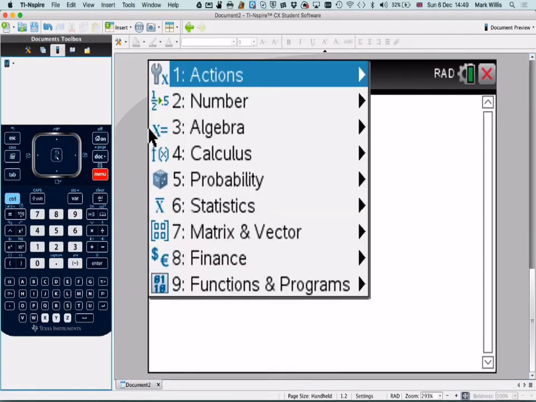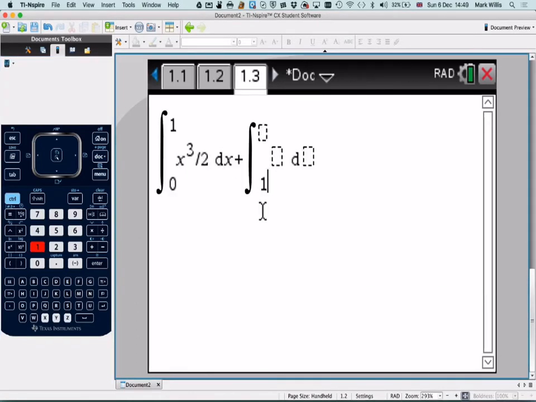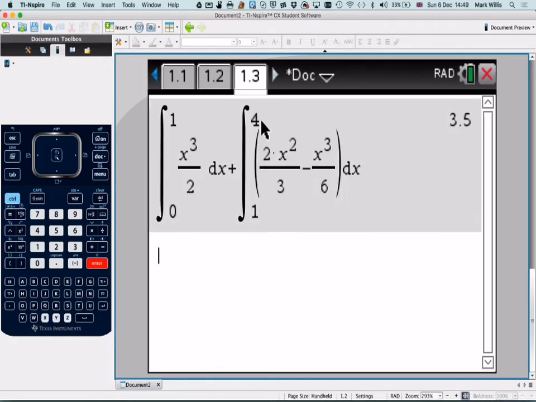So menu, calculus, numerical integral, and again from 1 to 4 of 2x squared over 3 minus x cubed over 6, and again I have to do x, checking that, make sure I got it correct, and then I get 3.5, again 7/2.